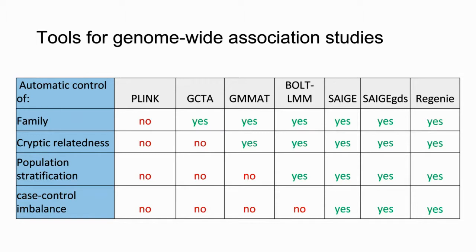But SAIGE can use the imputed data and accounts for the imputation inaccuracy. Yes, but as said, Regenie also accepts BGEN files and Plink2 files, and those can definitely handle dosages. Oh, okay.